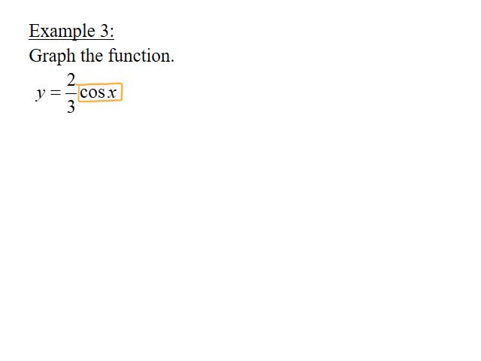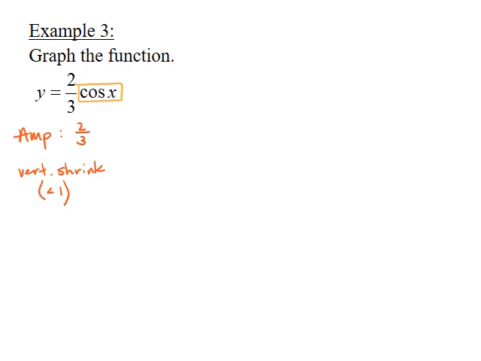It's also helpful to identify the amplitude, and we did this in the previous problem. The amplitude is 2/3. So the distance between the baseline and the maximum and the baseline and the minimum will be 2/3. Since this value is less than 1, this is going to be a vertical shrink.